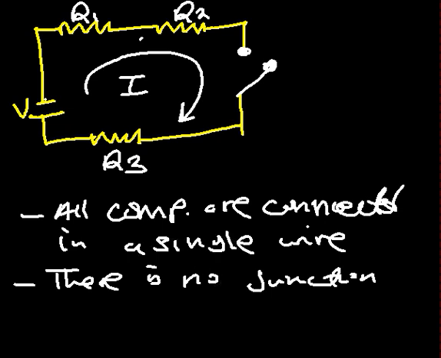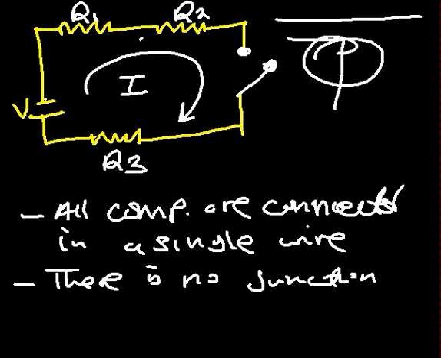A junction is where more than two wires intersect. For instance, let's say we have this as the wire. This is a corner, not a junction. And it is a single wire, because even if we twist it, it is the same wire.